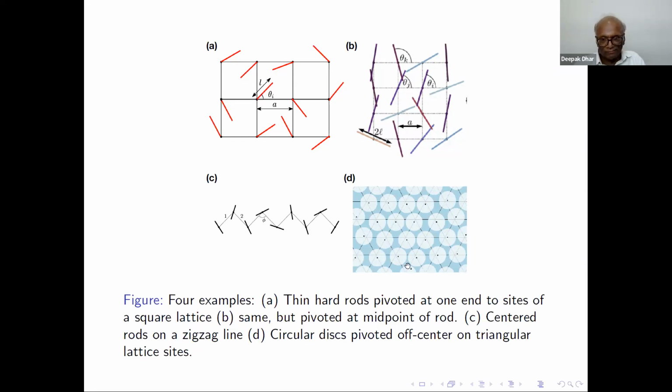And D is a sort of more aesthetically pleasing model. Here the particles are actually spherical, 2D disks. You can take higher dimensions, but they are harder to study. Circular disks, but the pivot is put at an off-center position. The pivots are on the lattice, and these things can rotate. And then you look at configurations.